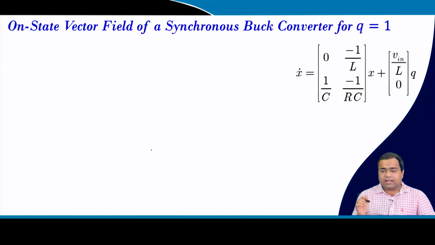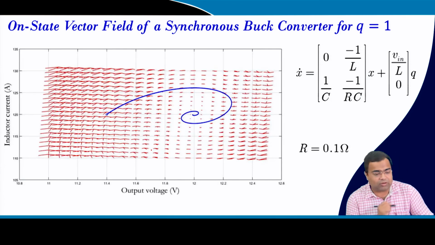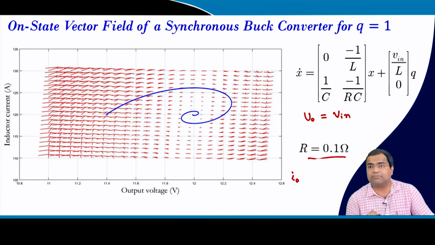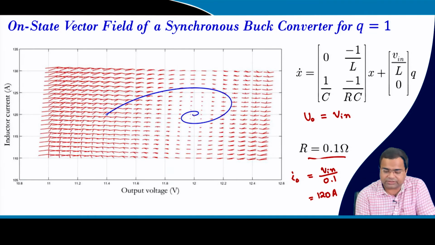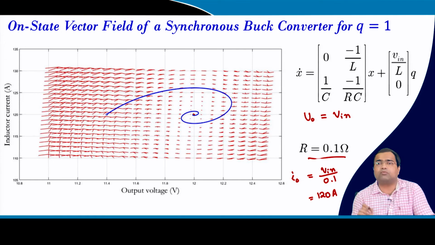But in a DC-DC converter, we never operate fully on or fully off, because we operate in on-off states. Now, if we increase the load current or decrease the load resistance, what will happen? You see the current has drastically increased, because now we are using R equal to 0.1. If the switch is on, my final voltage will simply be V in, that is 12 volt, and my final current will be 12 by 0.1, which is roughly 120 ampere.